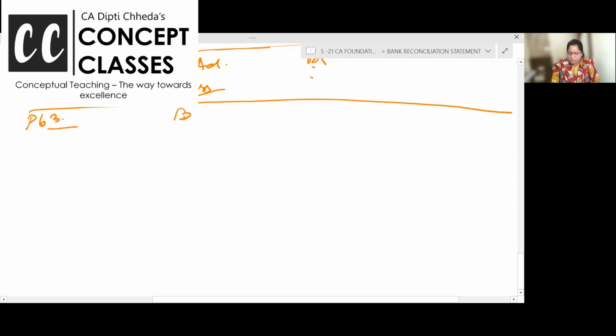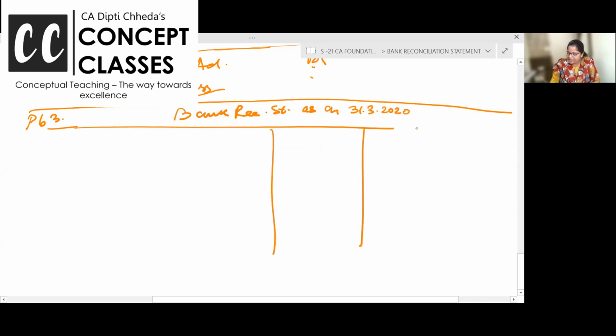Heading you have to write. Bank reconciliation statement is always as on. As on which date you are pausing and checking? 31st March 2020. Particulars, and to balance.